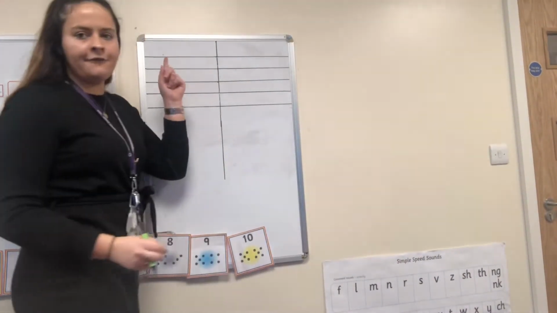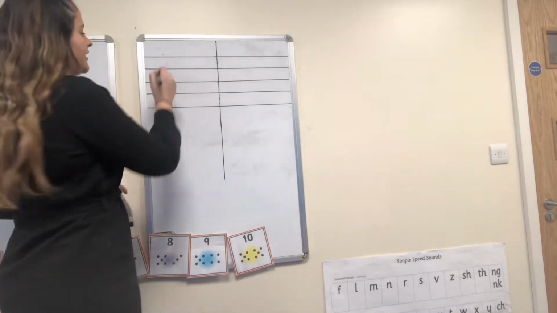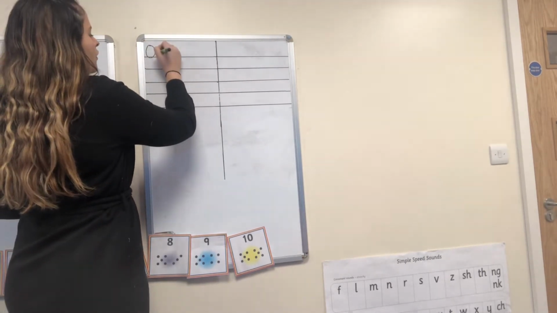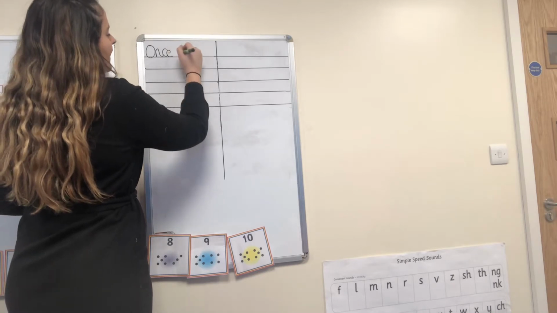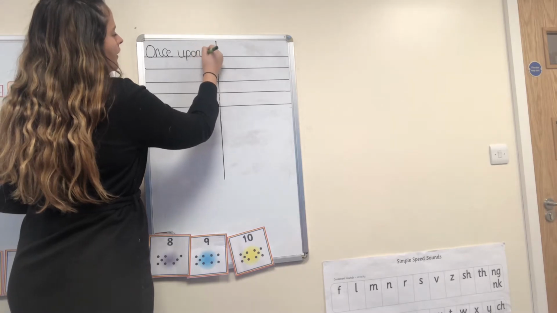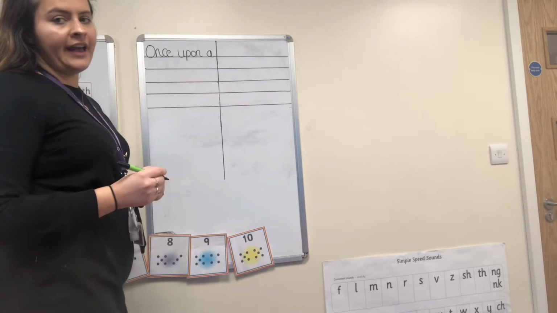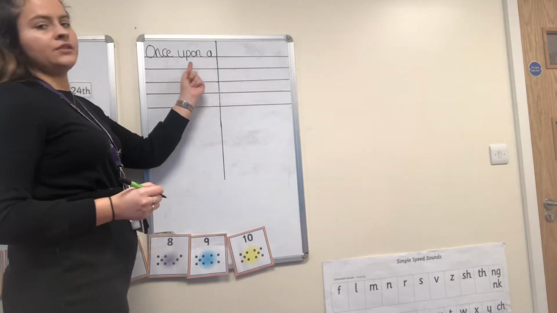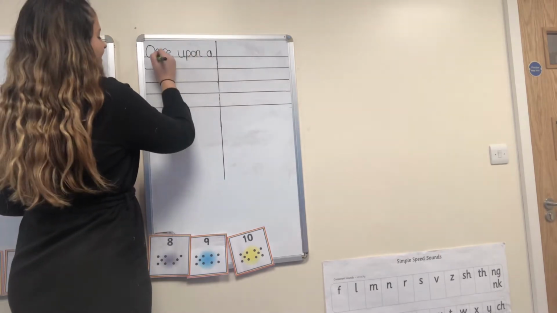I'm going to write it in my first box, remember, starting at the top. So capital letter at the start. Once, finger space, up, on, a. Now some of these words you'll be able to do yourself, okay? You can sound out certain ones, but some of them are a little bit trickier. Once upon a time.